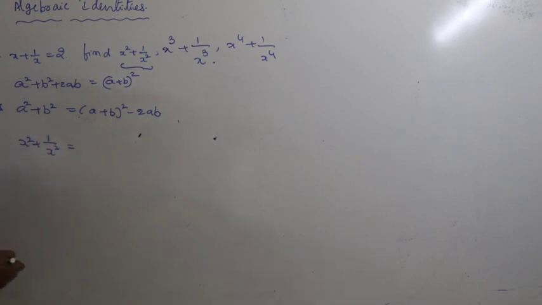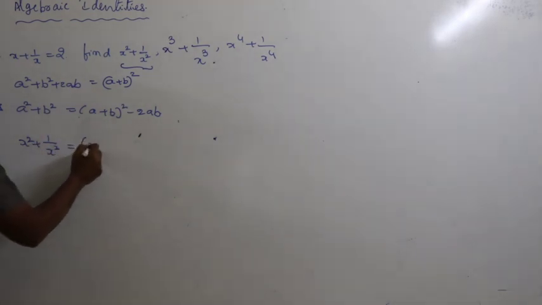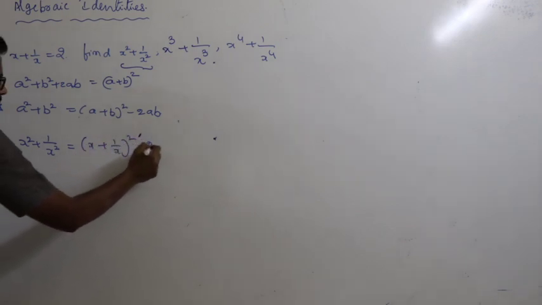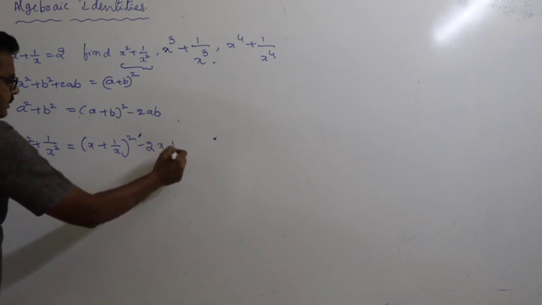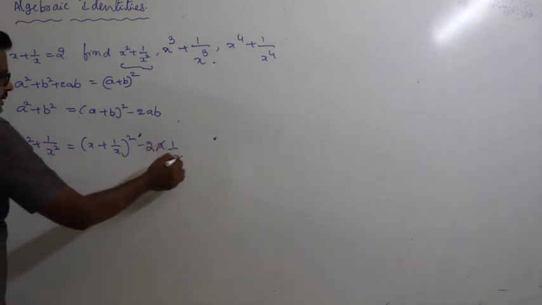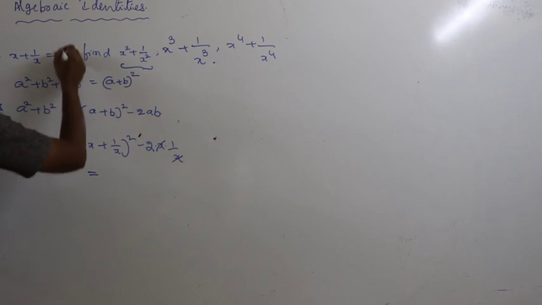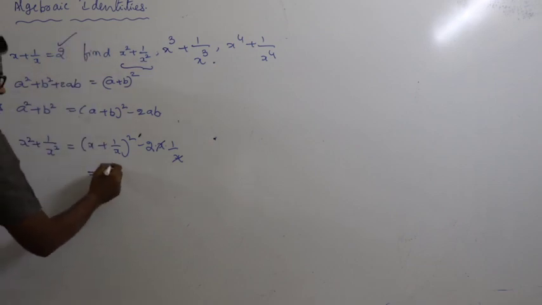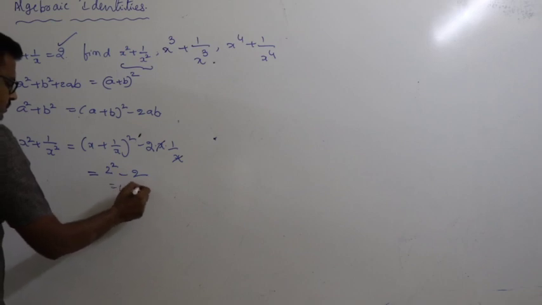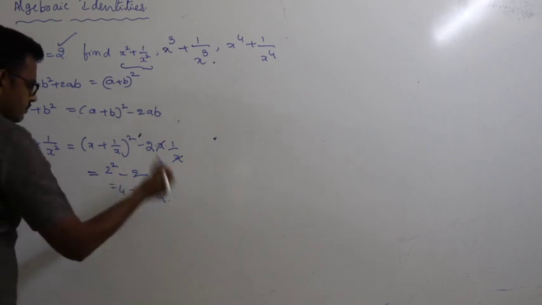This is x plus 1 by x whole square minus 2 into x into 1 by x. Here a is x, b is 1 by x. So these get cancelled. x plus 1 by x is 2, so 2 square minus 2, that is 4 minus 2, that is 2.